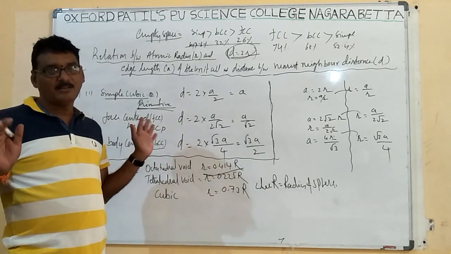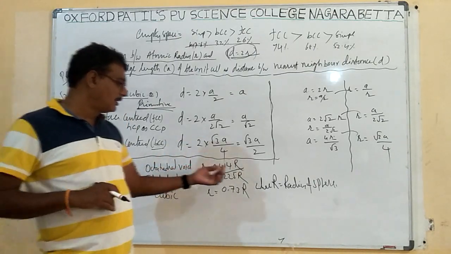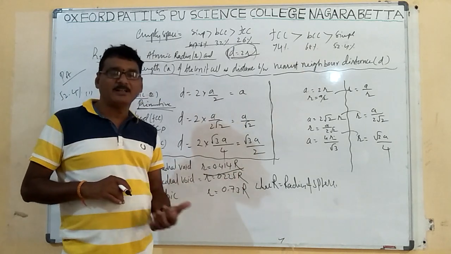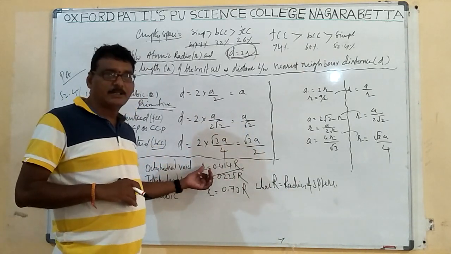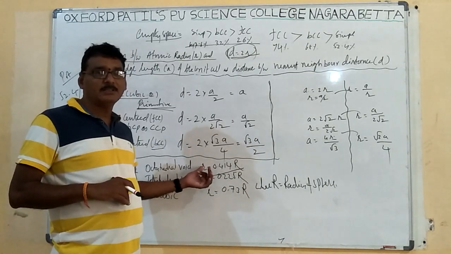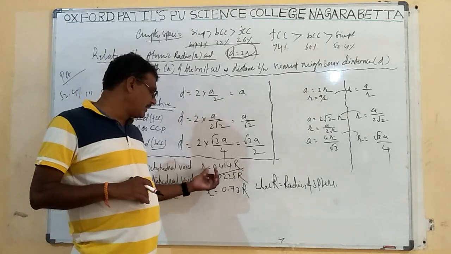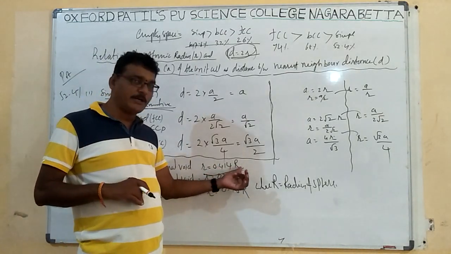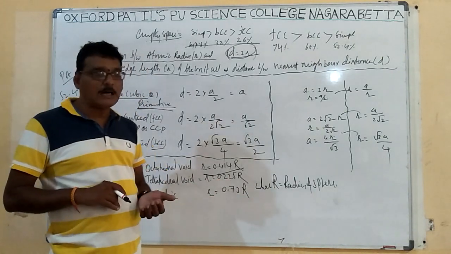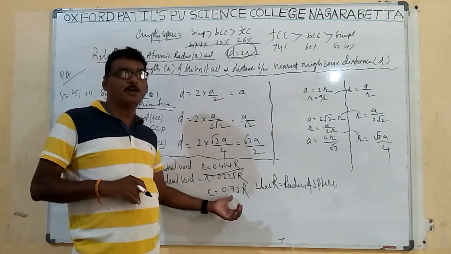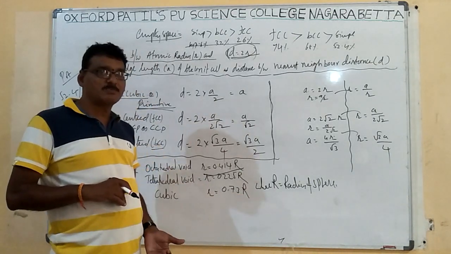In the objective, when the radius of the sphere is given as capital R, we can calculate the radius of the void. For the octahedral void, the radius is 0.414 into R. Tetrahedral void: r is equal to 0.225 R. Cubic void: 0.73 R, where R is the radius of the sphere.